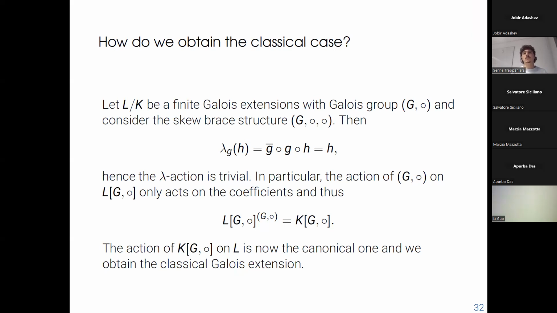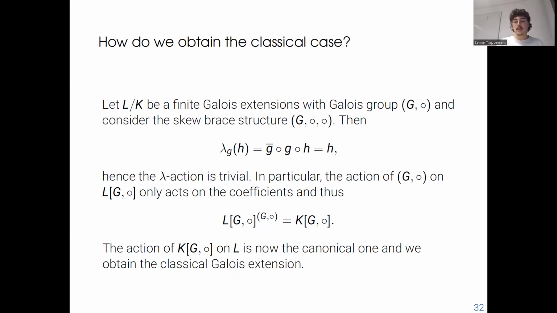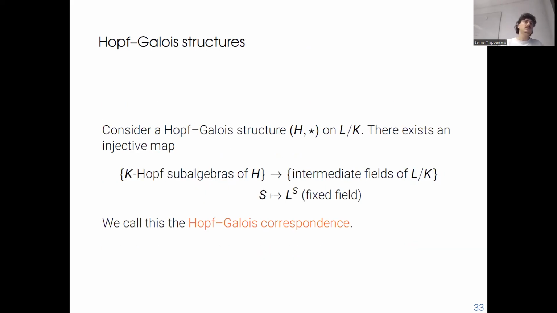And of course, it makes sense to ask whether something similar is happening here. And there is indeed. A well-known result in Hopf-Galois theory is that if we have a Hopf-Galois structure H star on L over K, then there's an injective map mapping a K Hopf subalgebra of H to an intermediate field of L over K. How do we do this? Well, we look at the fixed fields.